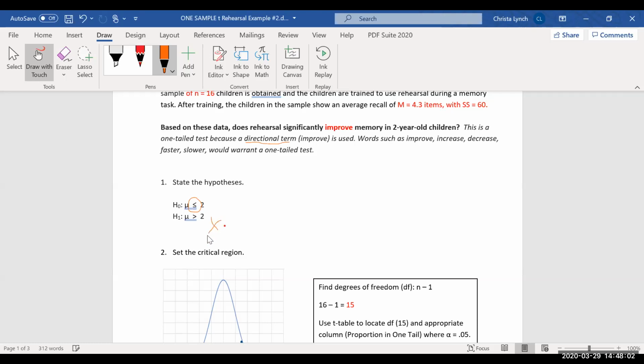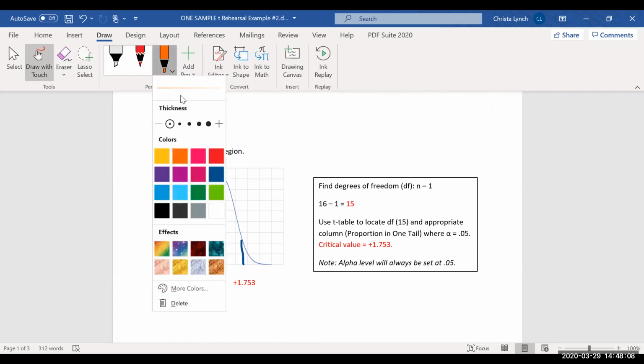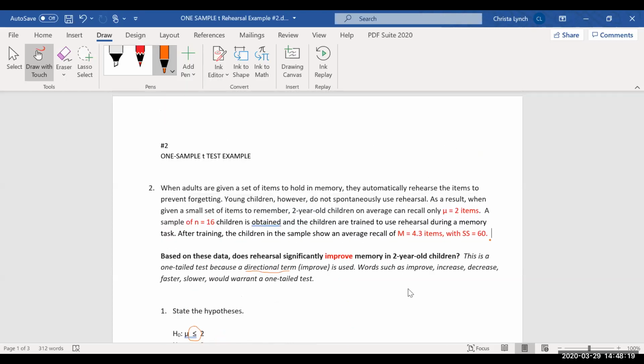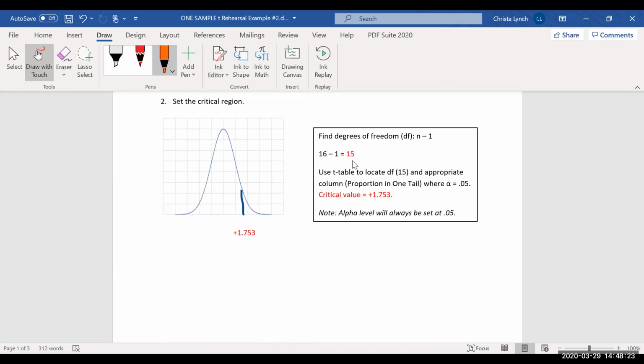Okay, yes. So here we go, setting the critical region. First, like before, we're going to find the degrees of freedom. Okay, n minus 1. If we go up to here, we see that our n is 16, so we just plug that in. 16 minus 1 is 15.